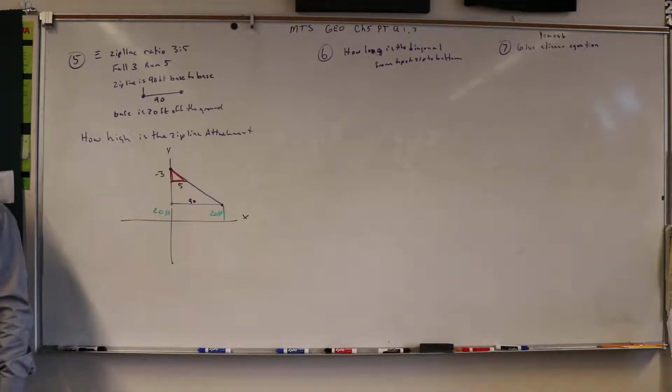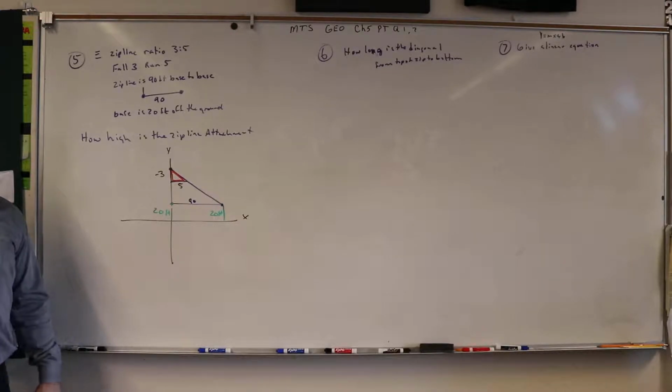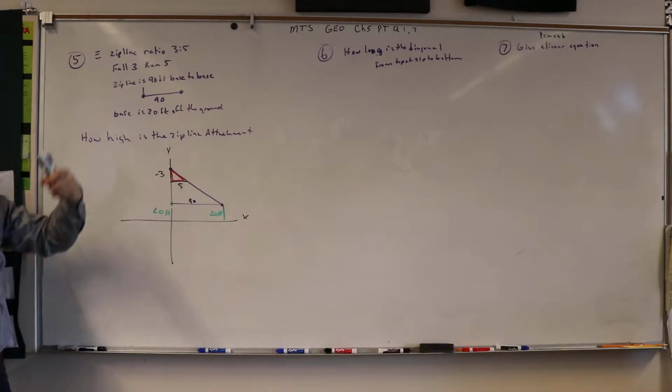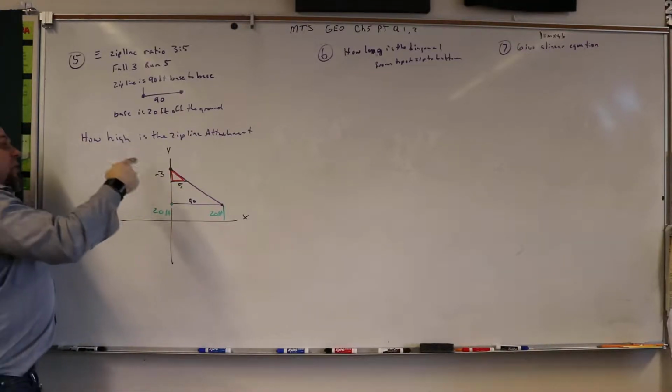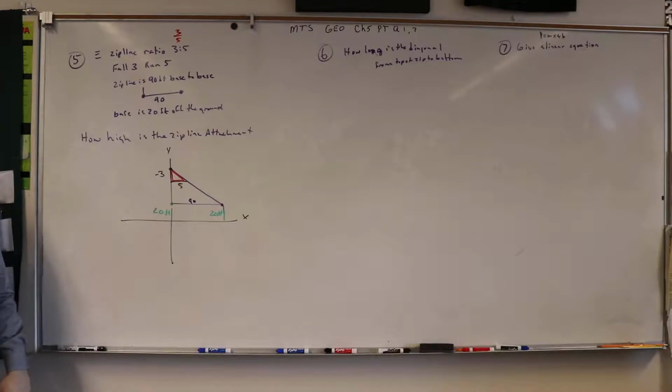Exactly. It's going down. Very good. Because it's going down 3, it becomes negative 3. Even though the ratio is 3 to 5, it tells us that it falls 3. So that means it's negative 3 to 5. Which means another way to write this is this way, right?